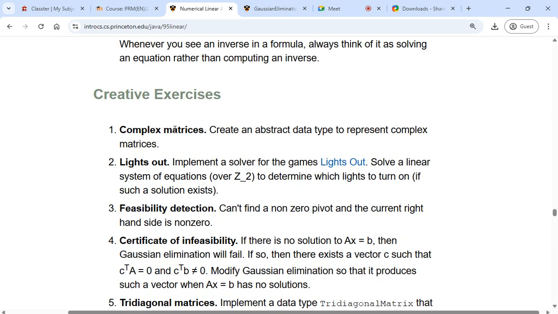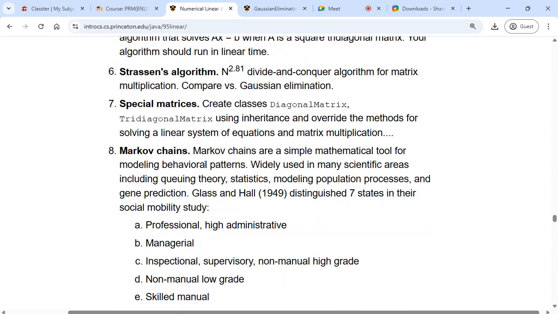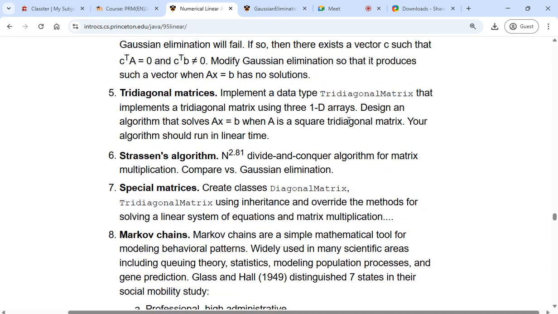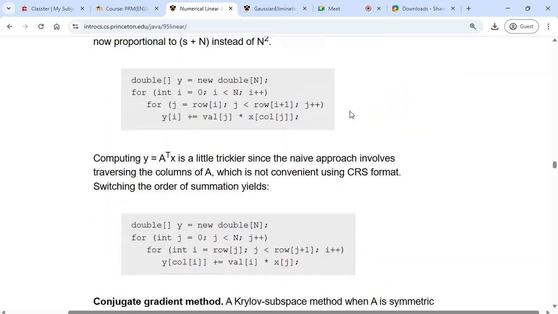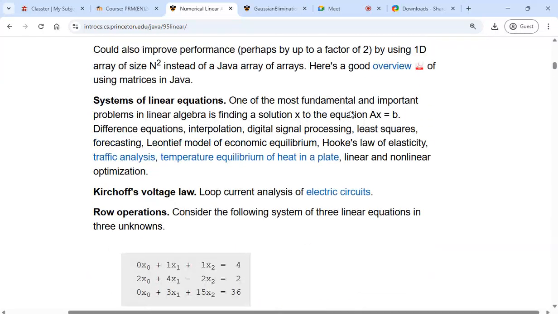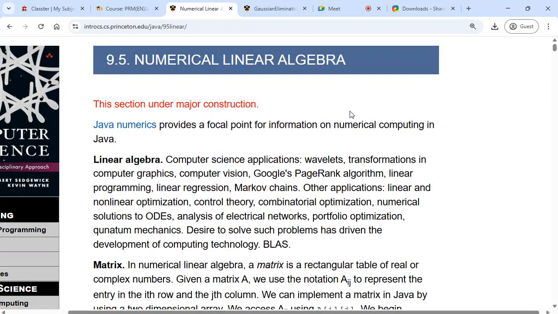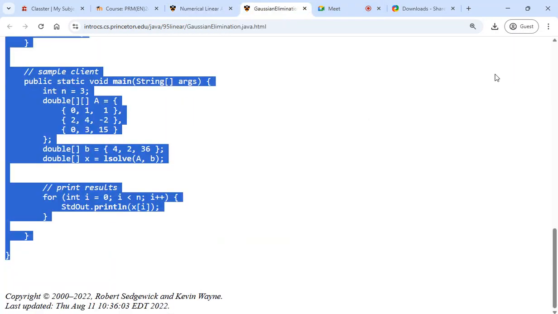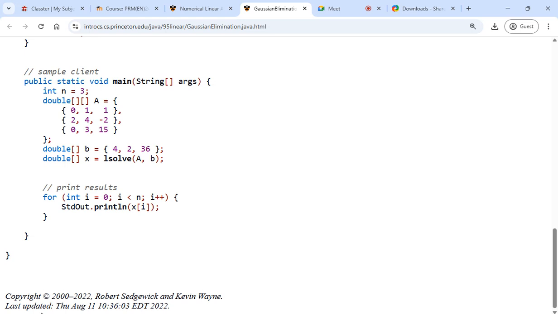Those are the algorithms that we learn everywhere, not only here but in the US as well, because they help you understand linear algebra and the solution of linear systems of equations, and a lot of problems are reduced to linear systems of equations. Okay, so this is what we have.